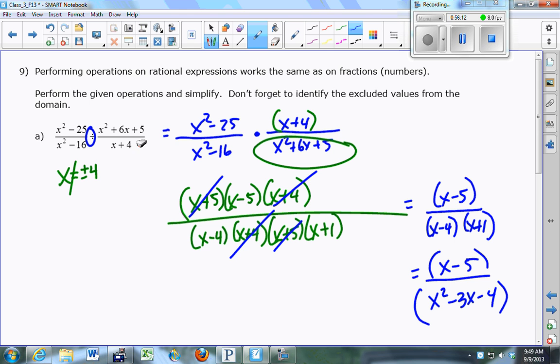Because I'm trying to reduce this from highest terms to lowest, just like that 12/15. So x plus 4 over x plus 4 is the number 1. So I can get rid of that. What went away?